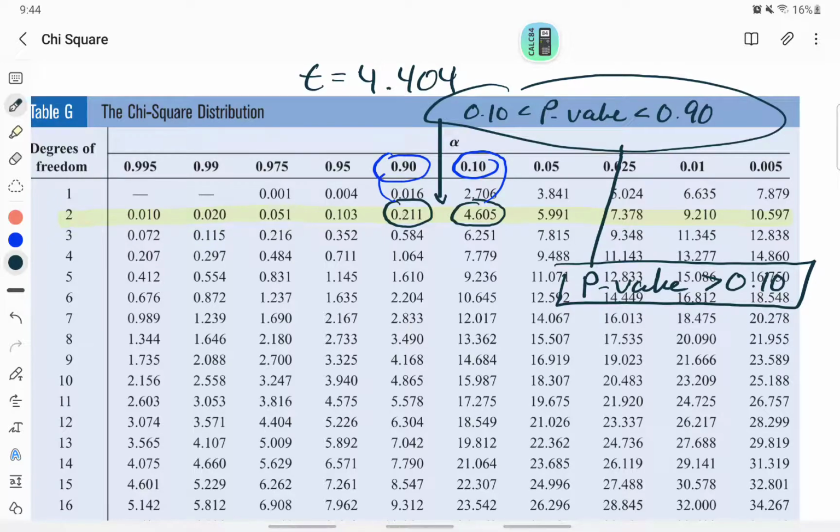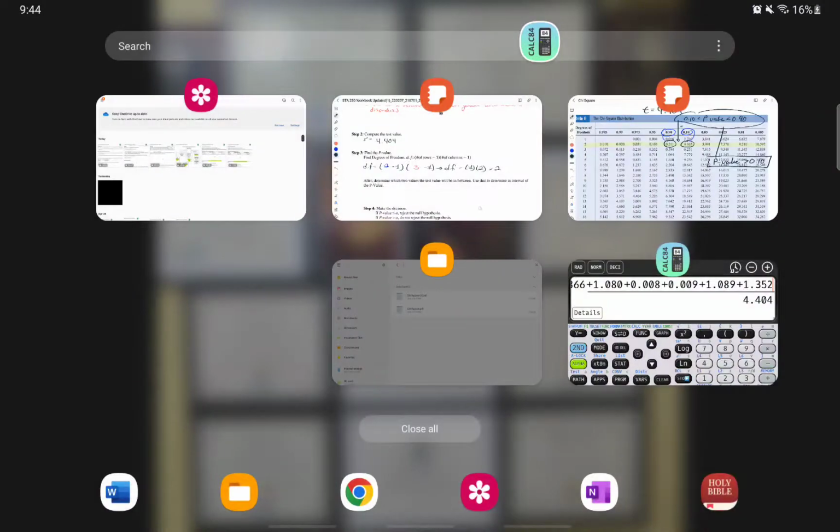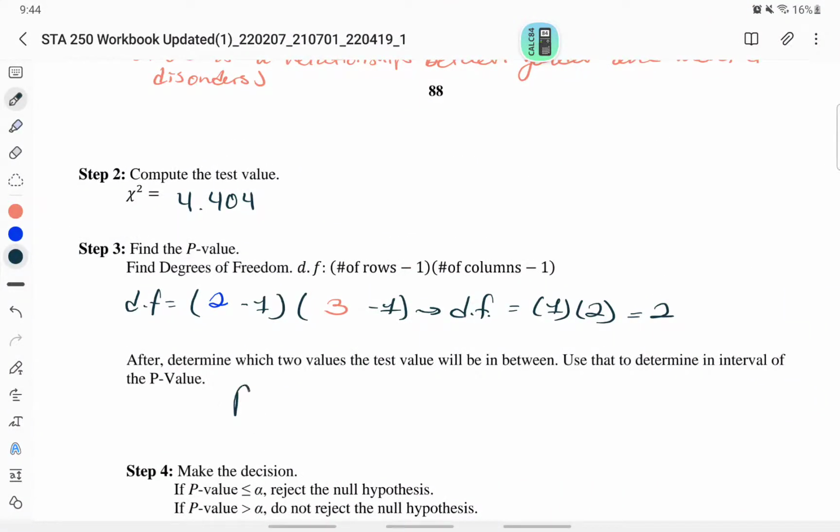Because there's a huge difference between these numbers, and 4.404 is extremely closer to 4.605. So let's just say in this case that the p-value is greater than 0.10.